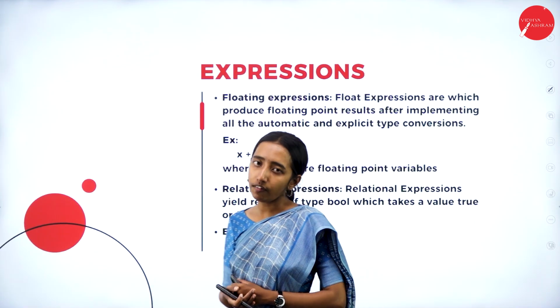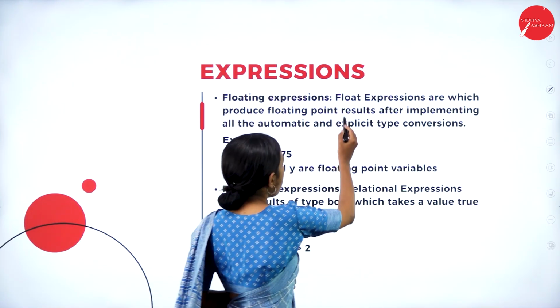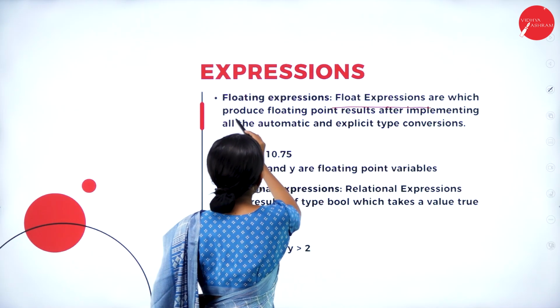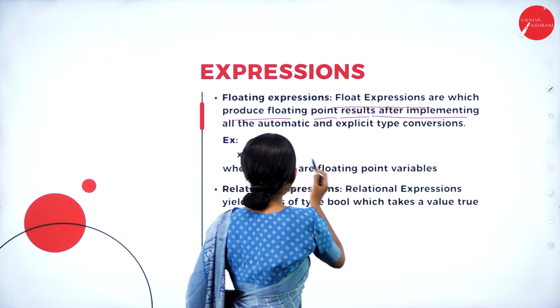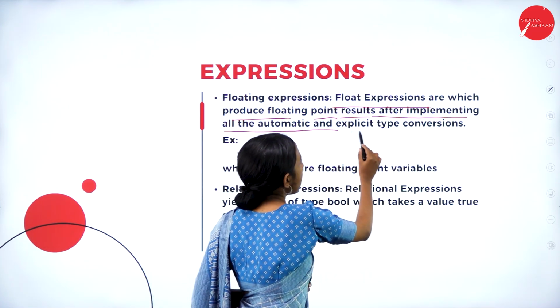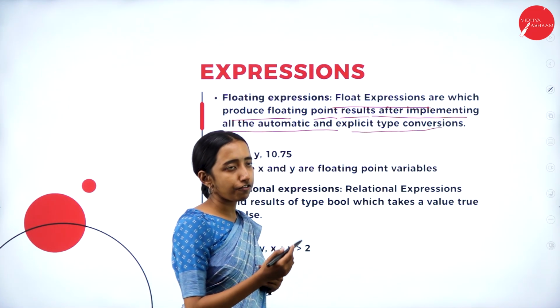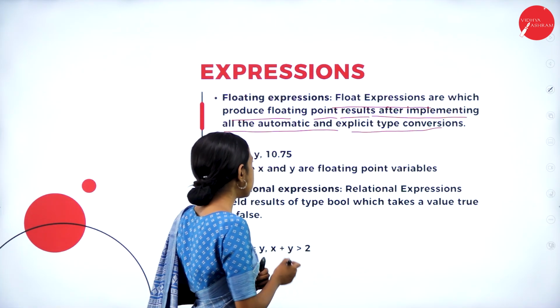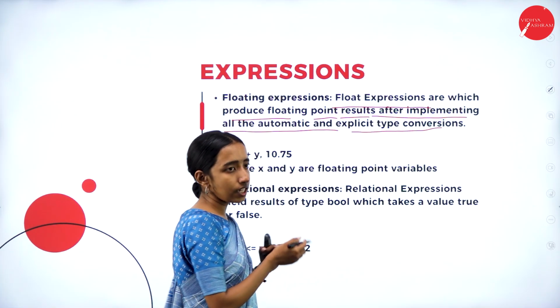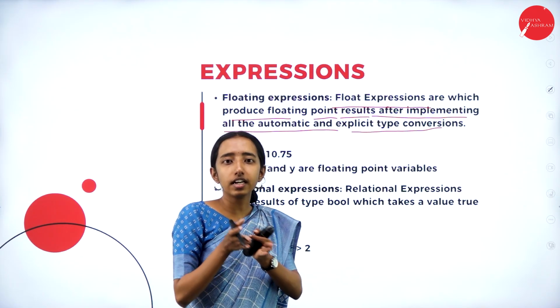So next we are having the floating expression. Floating expressions produce floating point results after implementing all the automatic as well as the explicit conversion. So floating means it is a decimal.